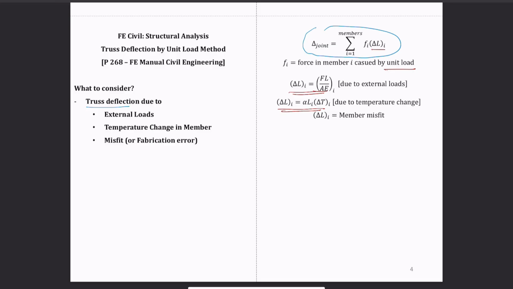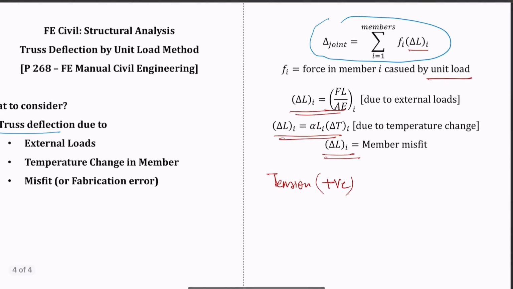And if it's due to member misfit, then you're going to replace delta L with that member misfit. Okay, so the first thing you need to know is the sign convention. It is given there that tension is positive, and increase in length is going to be positive.